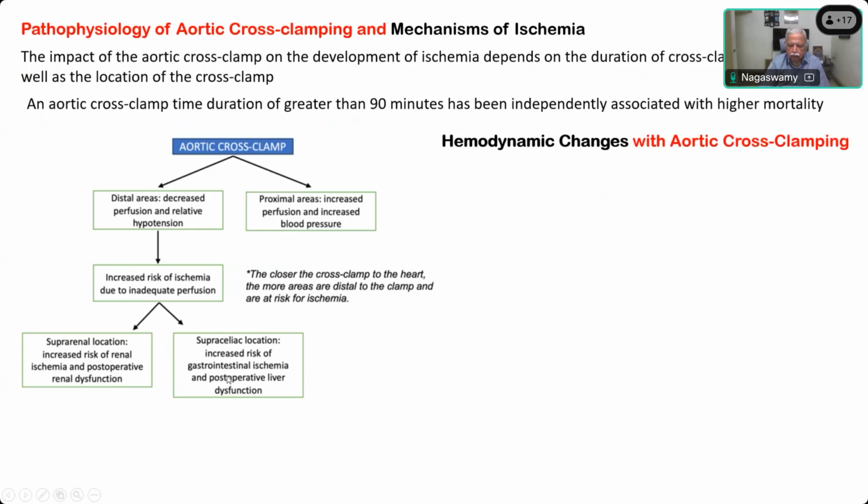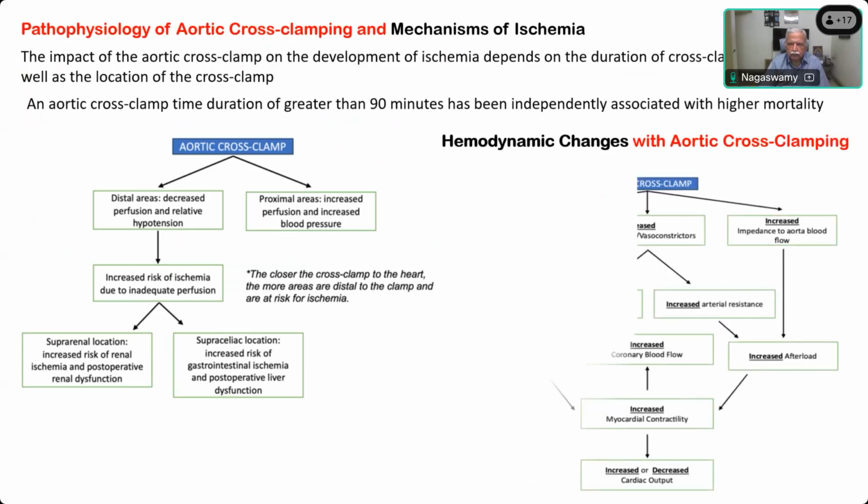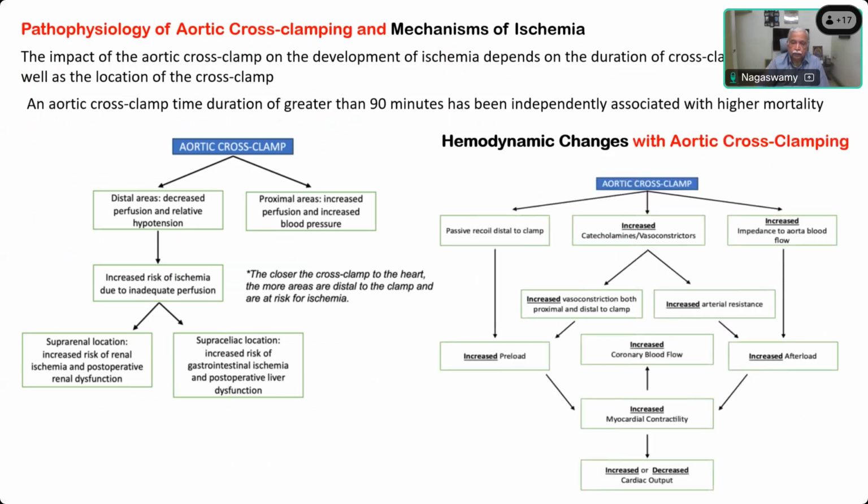What are the hemodynamic changes with aortic cross clamping? Again, this picture will tell you what happens. First thing is there is increased catecholamine or vasoconstrictor release. There is a passive recoil distal to the clamp and increased impedance to aortic blood flow from the heart up to the level of the clamp.